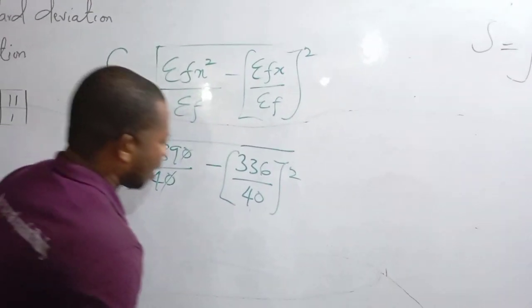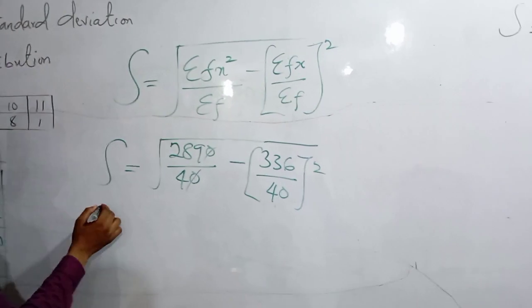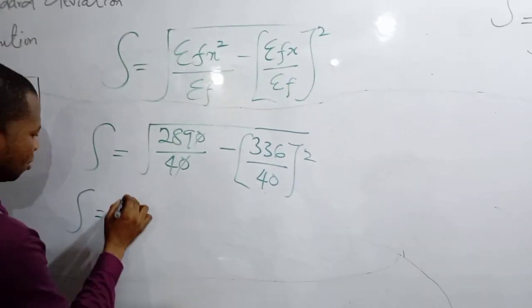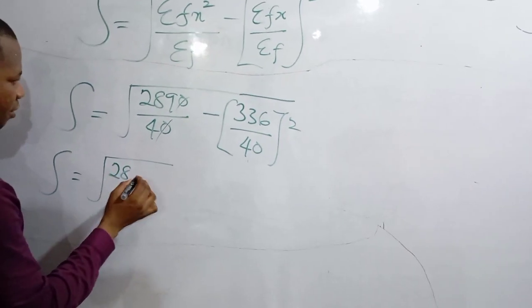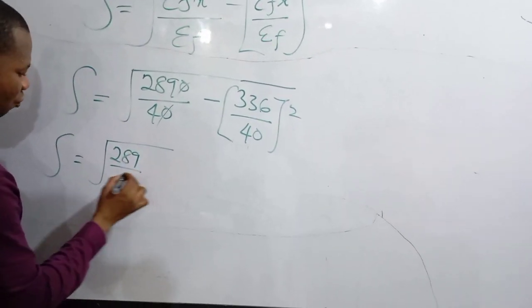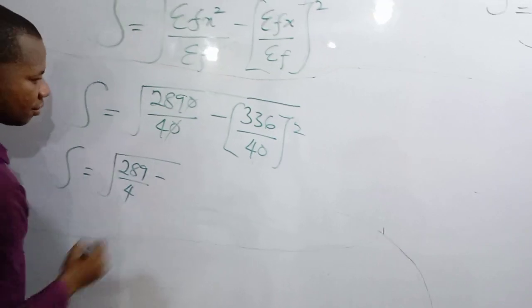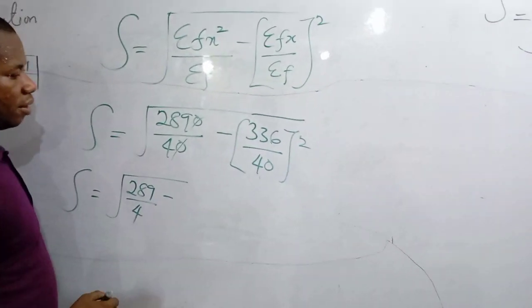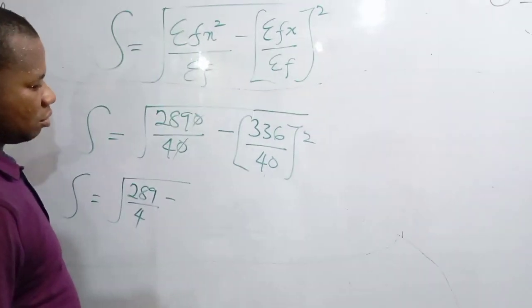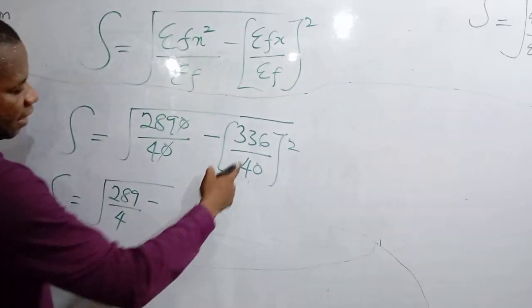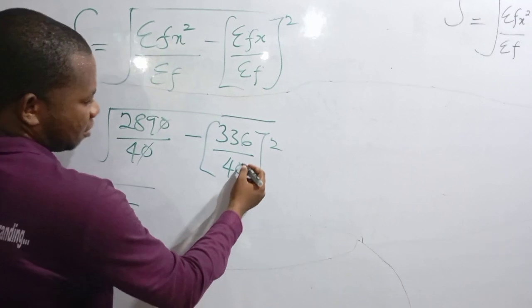So I'm gonna have standard deviation giving me summation 289/4 minus, if I divide this by 10, 0 goes off.